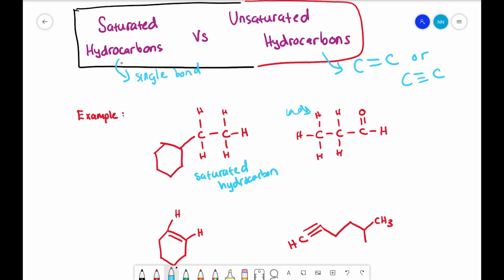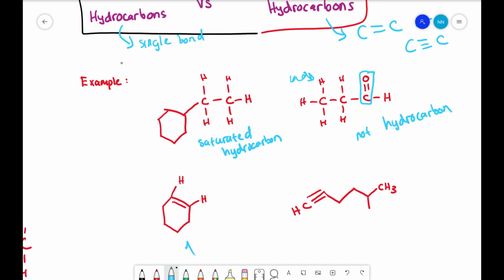So remember the main concept of hydrocarbons: an organic compound made of carbon and hydrogen only. If you have an oxygen here, that means it is not a hydrocarbon. This is not a hydrocarbon because of the presence of oxygen bonded to a carbon. This is what we call an aldehyde, which you'll learn in the next following topic.